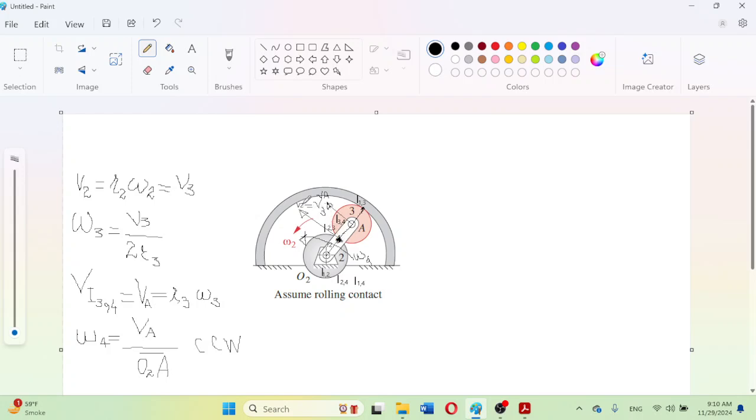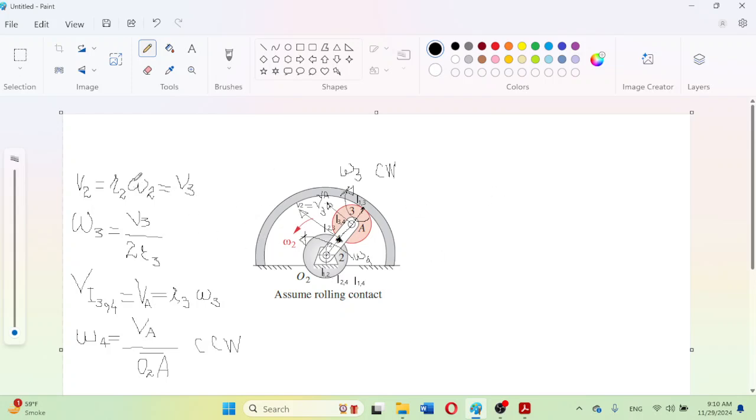So V3 was rotating this radius in this orientation like this. So this was the angular velocity direction of omega 3, and this rotation is obviously clockwise. That means it can be preceded with the negative sign.